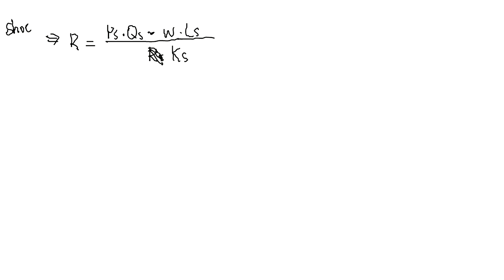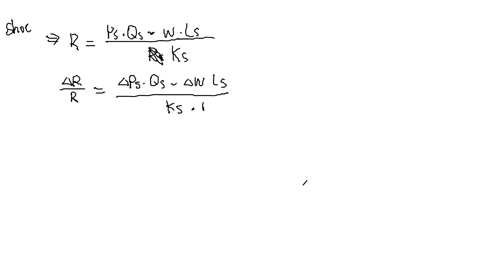My notation should be like this. All right, so once again, delta R over R is equal to, right? A small trick on the algebra.